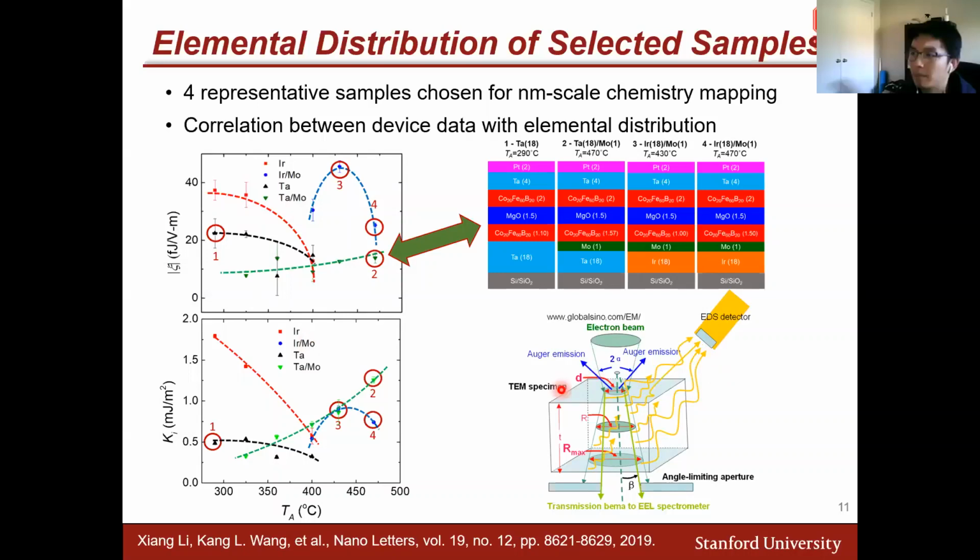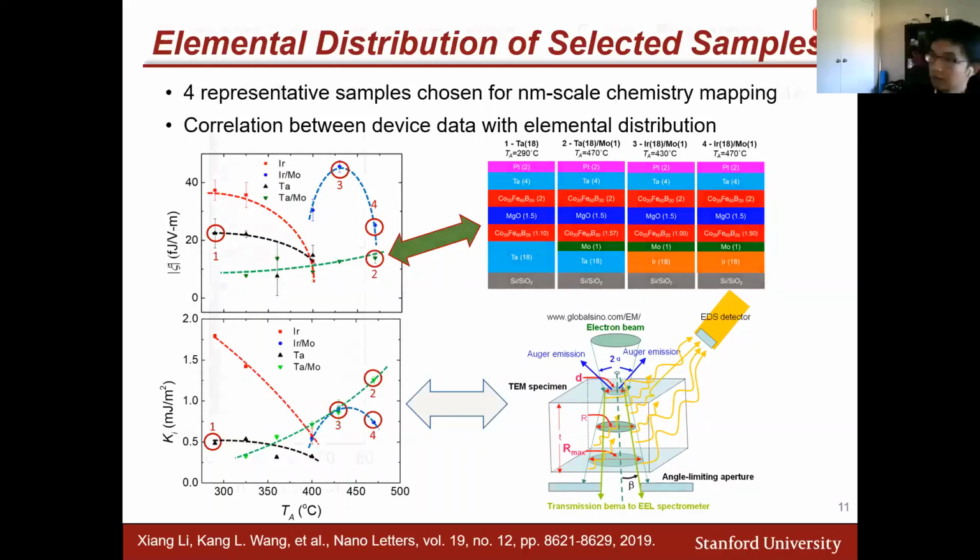We use these tools to analyze the stack chemistry very carefully, and with that, we can try to correlate the electrical properties shown here with the chemistry.